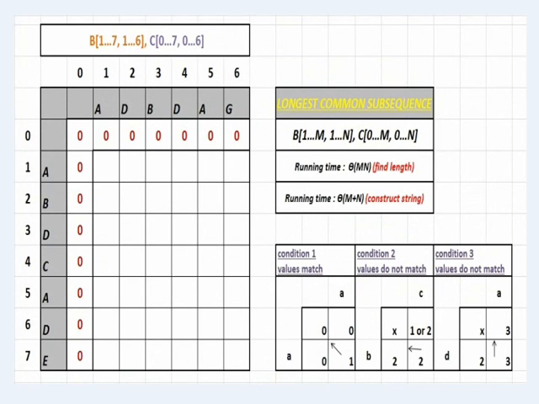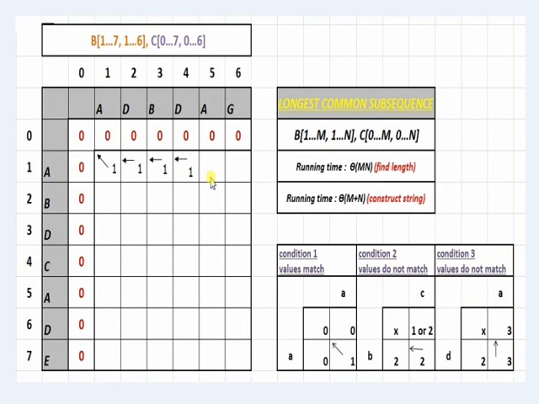So we again point an arrow towards the diagonal side and increment the value by 1. So 0 plus 1 will give you 1.